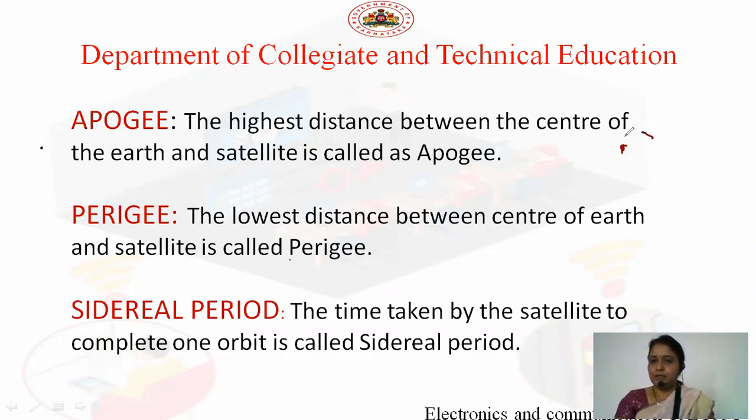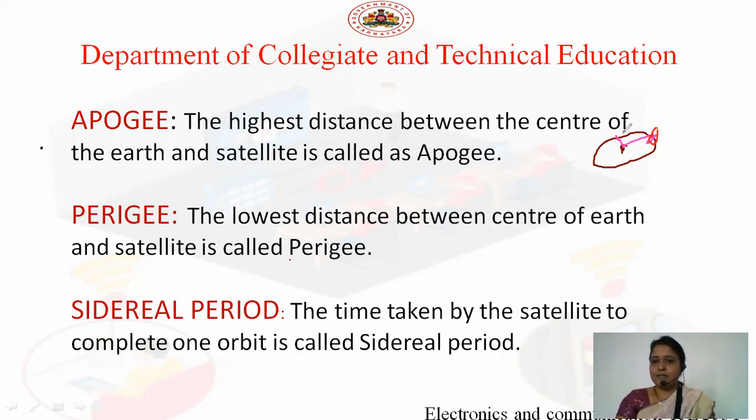Suppose it is rotating in the elliptical fashion. If you consider this point, the distance from the Earth to this point is long. Similarly, if you consider this point, it is close to the Earth. Therefore, the point which is the longest distance from the Earth is called the apogee.